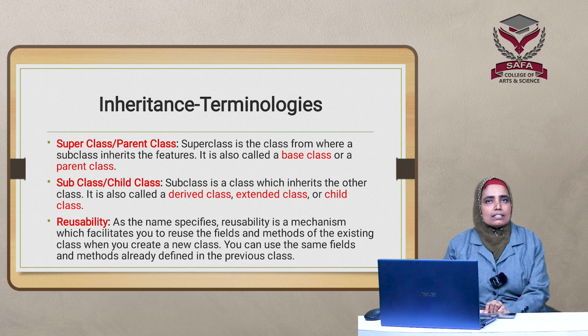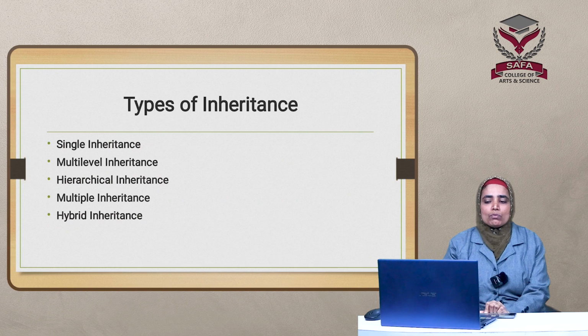This is called reusability. Then next one is types of inheritance. In Java, there are 5 types of inheritance. First one is single inheritance, multi-level inheritance, hierarchical inheritance, multiple inheritance, and hybrid inheritance.